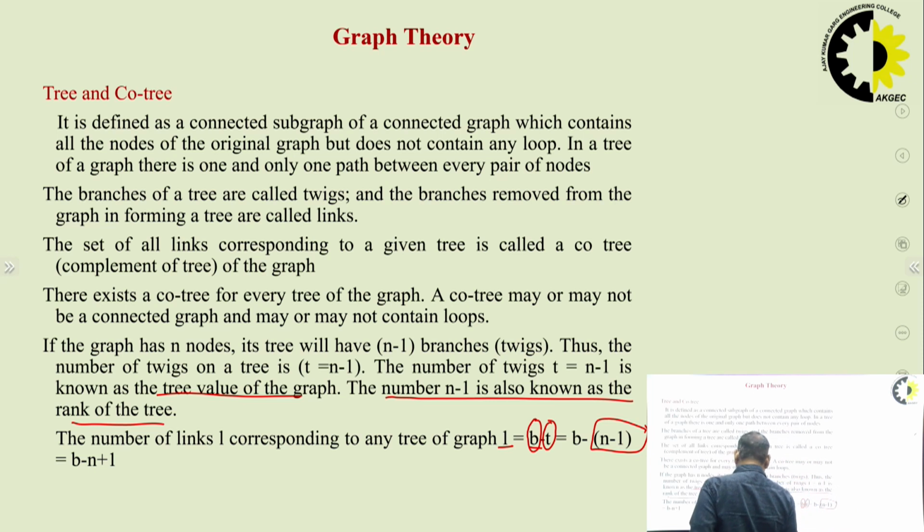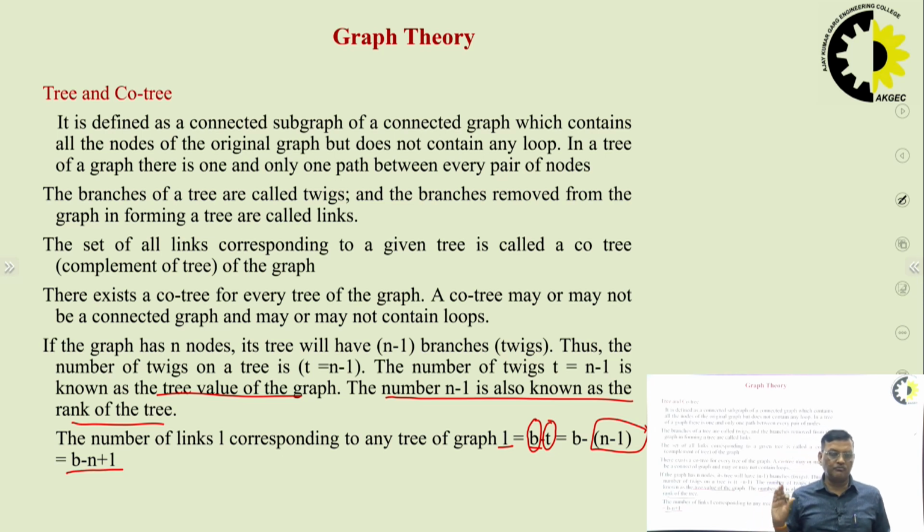So basically the number of links is B minus n plus 1. It is defined for a particular tree. Remember, links and twigs are applicable to a particular tree or co-tree.